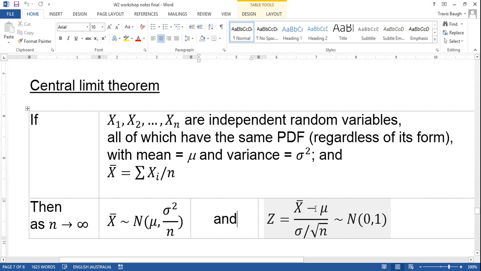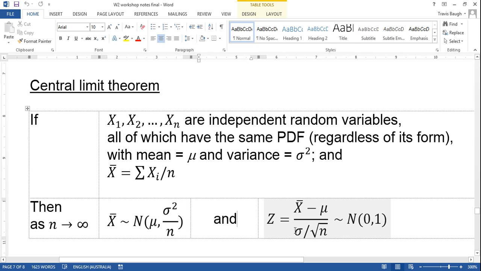Then take away the population mean, about 60 in our example, and divide by the standard deviation of your sampling distribution, which was the orange graph I showed you earlier. Remember, that sampling distribution has a variance equal to this number, and its standard deviation will be the square root of that, which is this result here.